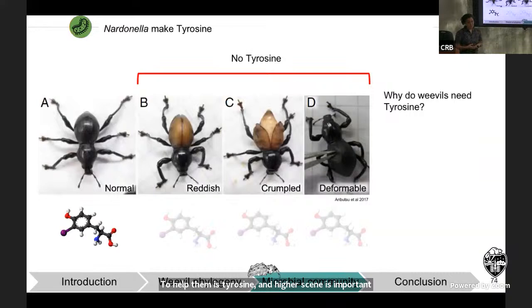Tyrosine helps weevils to harden the cuticle and the exoskeleton, so to make a really tough outer shell. Without tyrosine, there's a lack of that ability, so we're seeing a really soft exoskeleton. It can be crumpled, it can be deformed, and that has a cost to their fitness overall.